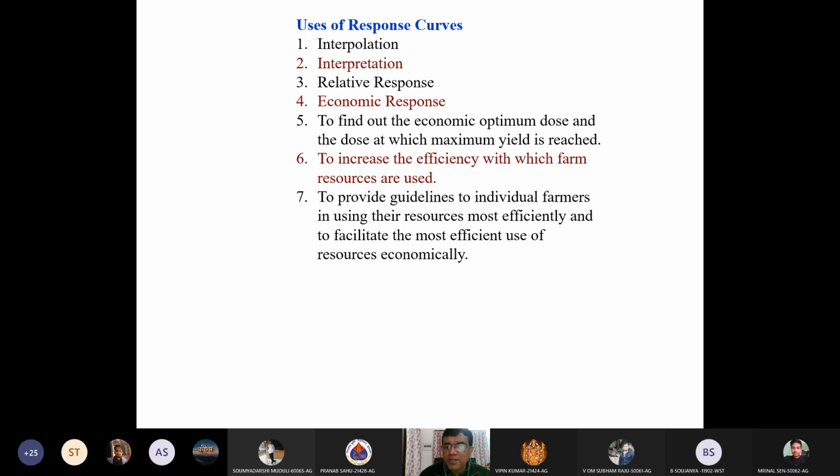We can also see the relationship between two variables. For example, the relationship between nitrogen uptake and grain yield. You want to see how nitrogen uptake is affecting grain yield, so you can use correlation and regression analysis.